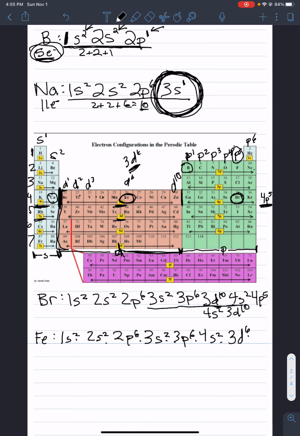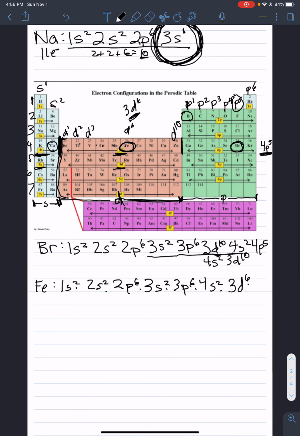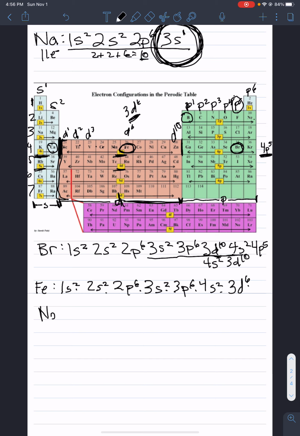So there's a way that we like to write it that's called the noble gas configuration. So the noble gas configuration is saying that we know how many electrons are in noble gases, right?